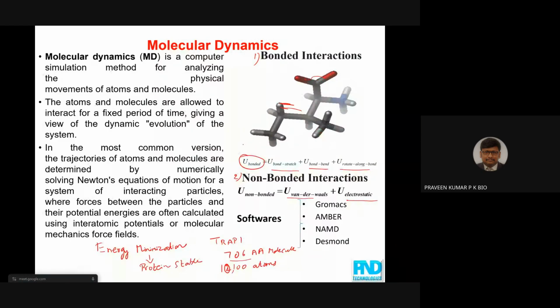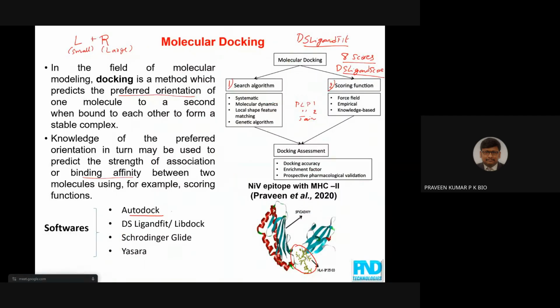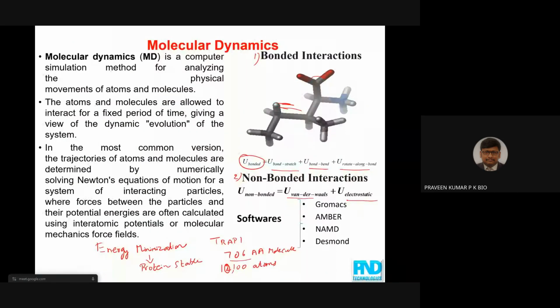Again, in docking, we generally assess the binding affinity of ligand and receptor. If you want to check the same binding affinity over a period of time, say 100 nanoseconds, what is going to happen with a drug, if a drug is going to bind.